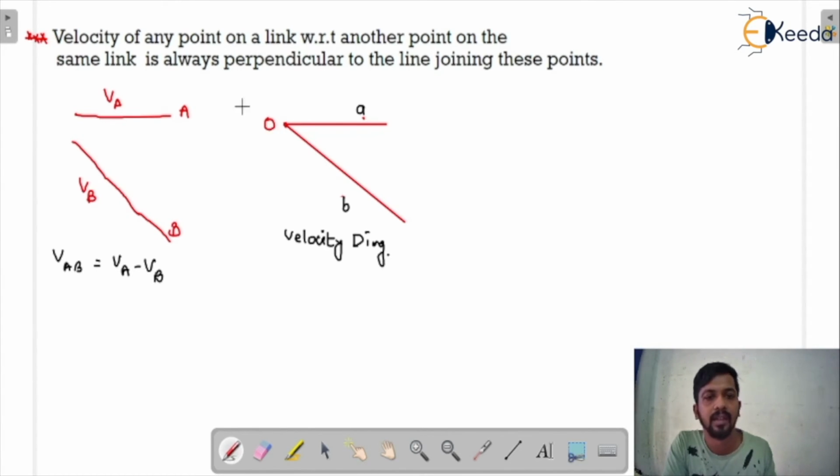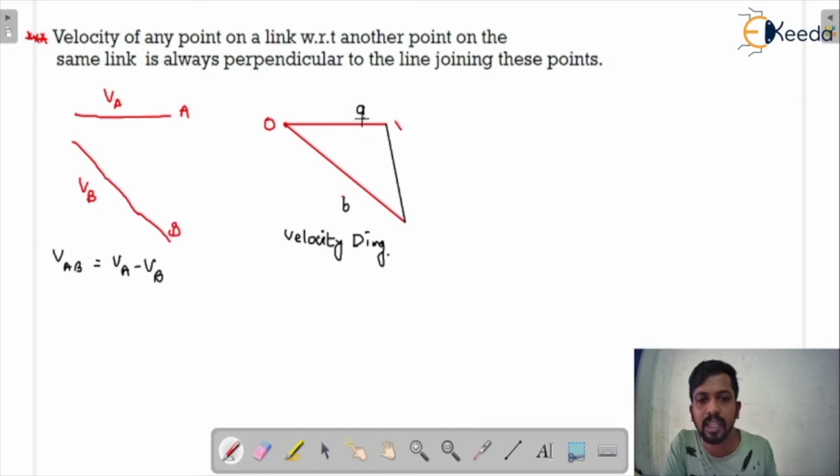Now what would be the representation of the relative velocity between A and B? It would be like that. See here, that is O to A. Small a is representing the velocity of A link, small b is representing the velocity of B link.